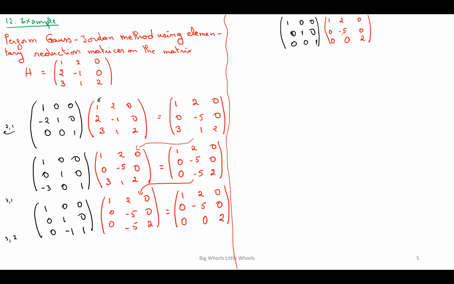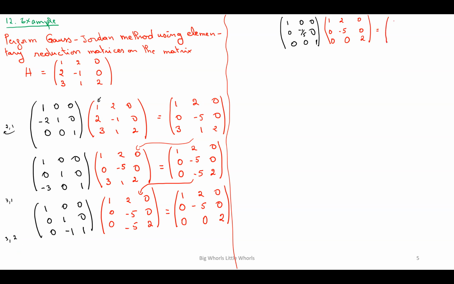We have seen a rescaling matrix, so here we are just going to change that 1 there into -1/5. This will rescale row 2, so that we can have 1 there. So let me continue.